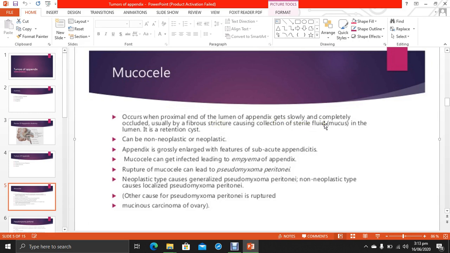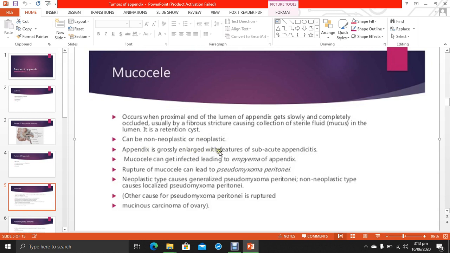Remember, when there is a mucosal layer, there will be mucus secretion. Now, if the fibrous stricture is developed and mucus secretion occurs, there will be a retention cyst. It can be non-neoplastic or neoplastic.